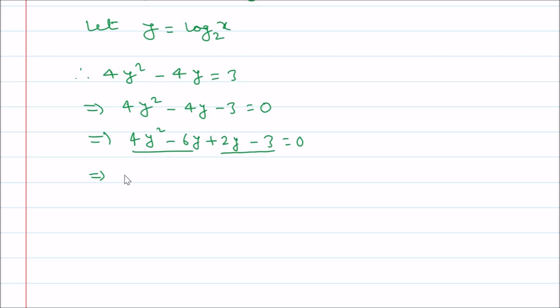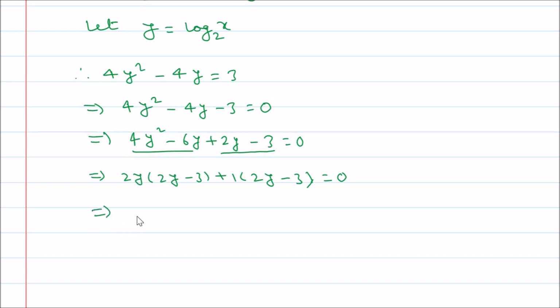So in the first two terms, 2y is common. So 2y minus 3 in the bracket plus 1 into 2y minus 3, that is equal to 0.